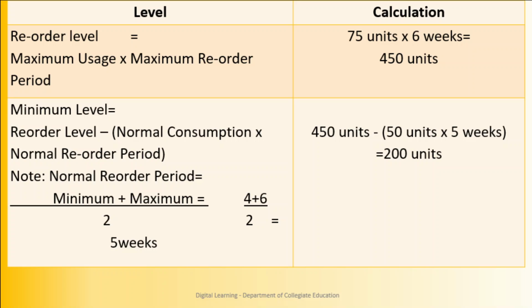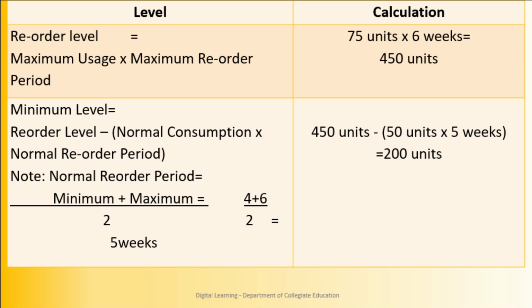The next one, let's calculate the minimum stock level. As we have learned, the formula to compute minimum stock level is reorder level minus normal consumption into normal reorder period. Reorder level we have already calculated in step 1, that is 450 units, minus normal consumption is given in the problem, 50 units into normal reorder period.